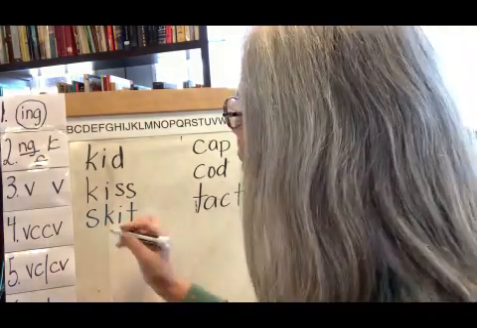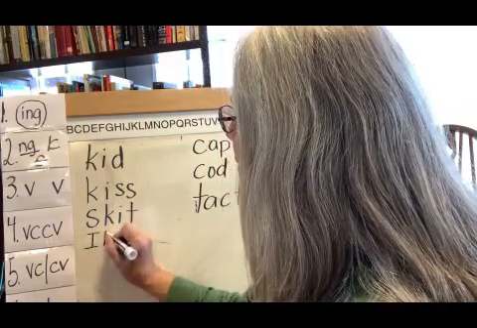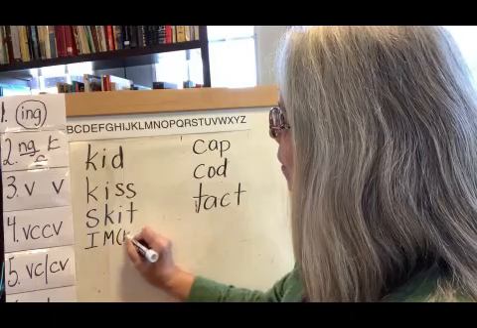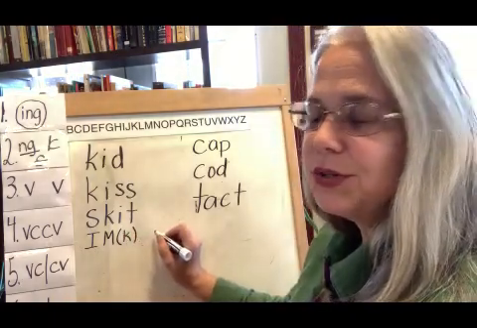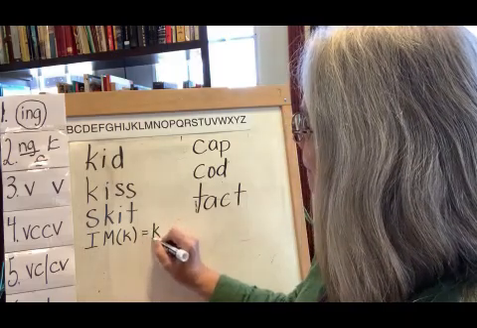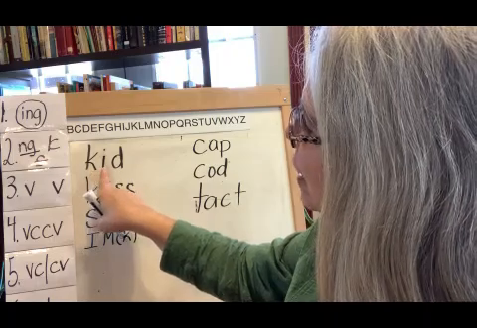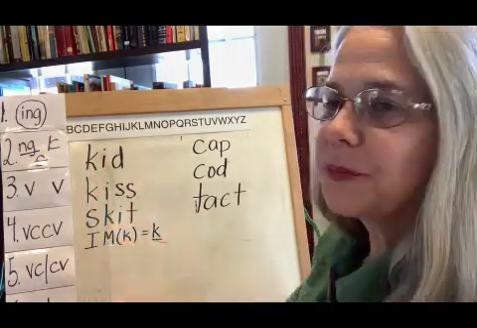So anytime in the initial or medial and you're hearing the k sound, what letter are we using? Yeah, we're using a K. Now, right after the K, what letter do you see and what letter do you hear?